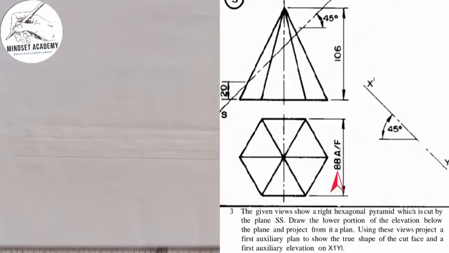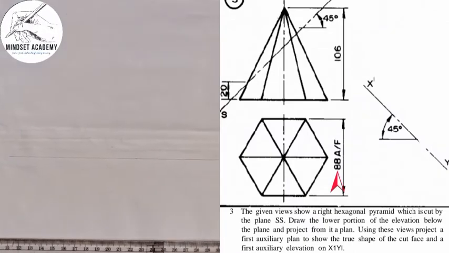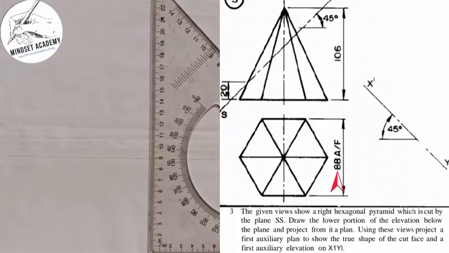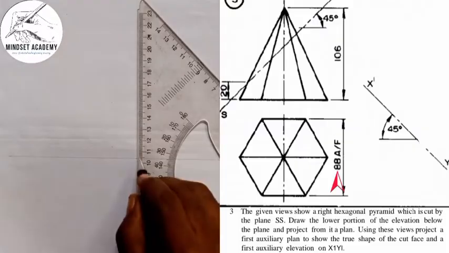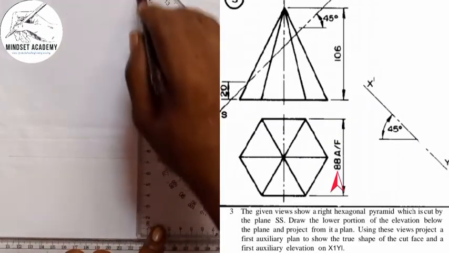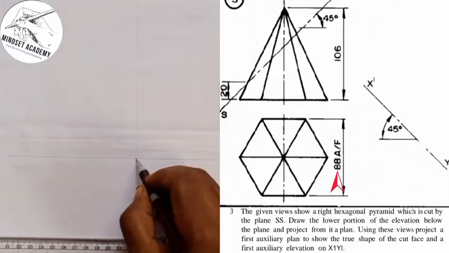So on that point, I'm going to draw also a vertical line, right? I'll also draw a vertical line on that point. So do that, and I'll be having this way. And they're meeting at this point.